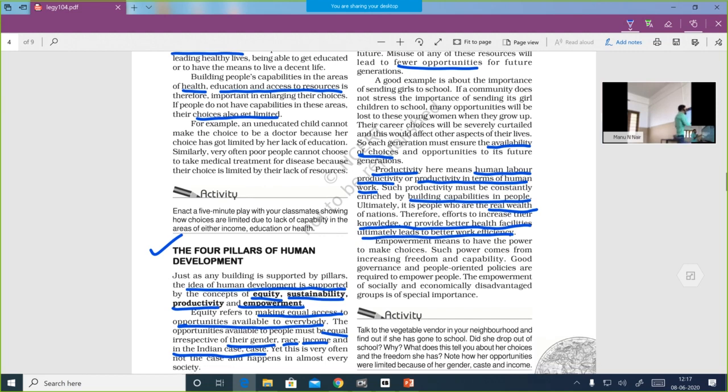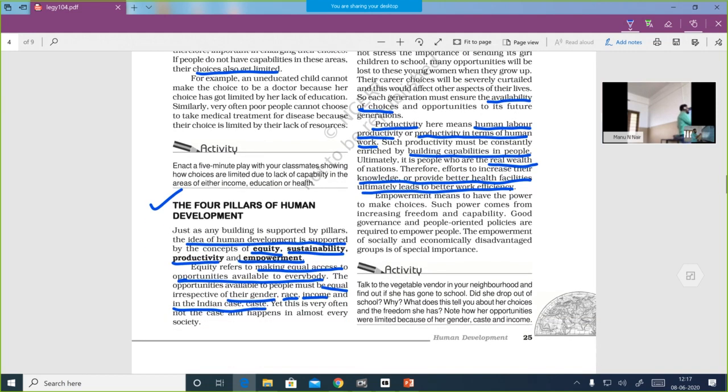Okay. Now, empowerment. Empowerment means to have the power to make choices. Here we are mostly talking about choices only. Such power comes from increasing freedom. So here the stress is given to freedom and capability. And how does capability come? Capability comes with the acquisition of education and knowledge.